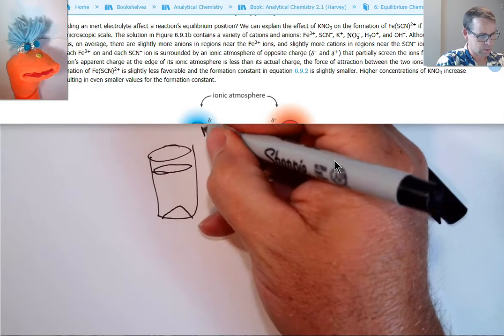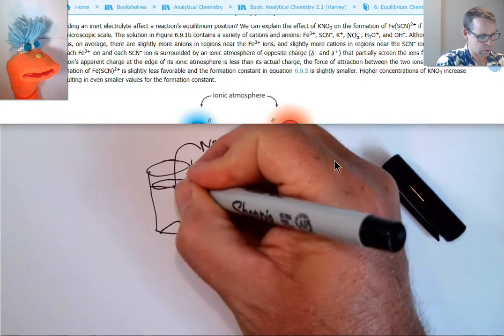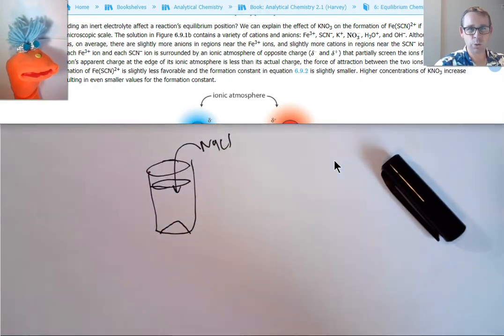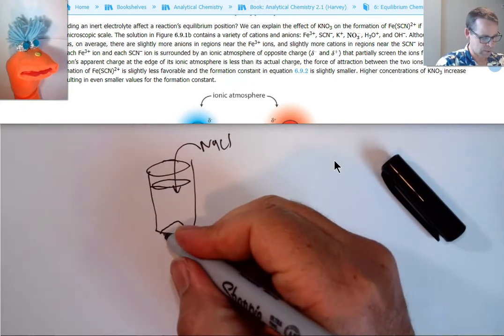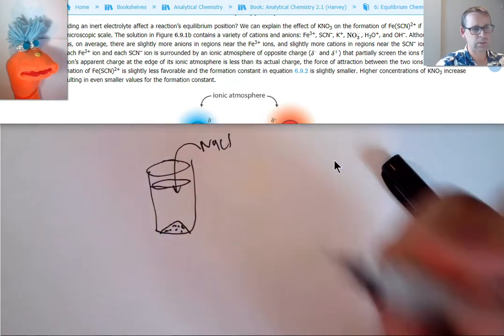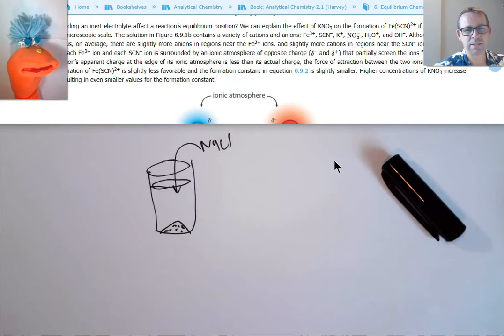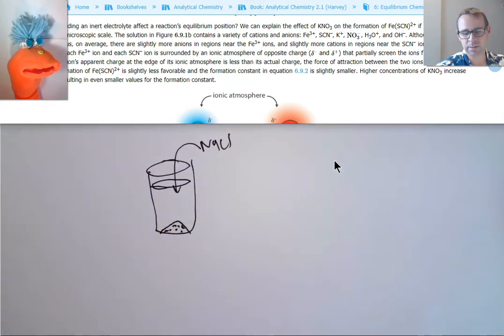So I have my sodium chloride that I'm putting into water, and more sodium chloride dissolves until we see a pile of it gathered at the bottom because the water is no longer able to help the sodium chloride ionize, to dissociate each ion of sodium and ion of chloride.